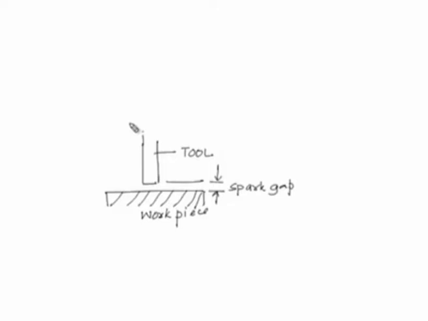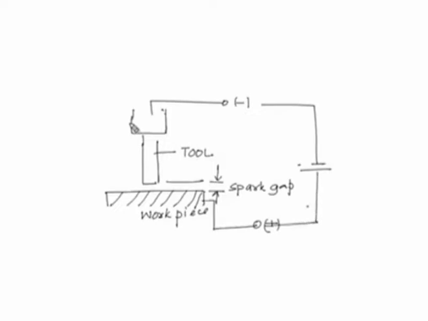The tool will generally be connected to a DC connection and will generally be negative, and the workpiece will be connected to the positive terminal of the power supply. In between will be the power supply here.